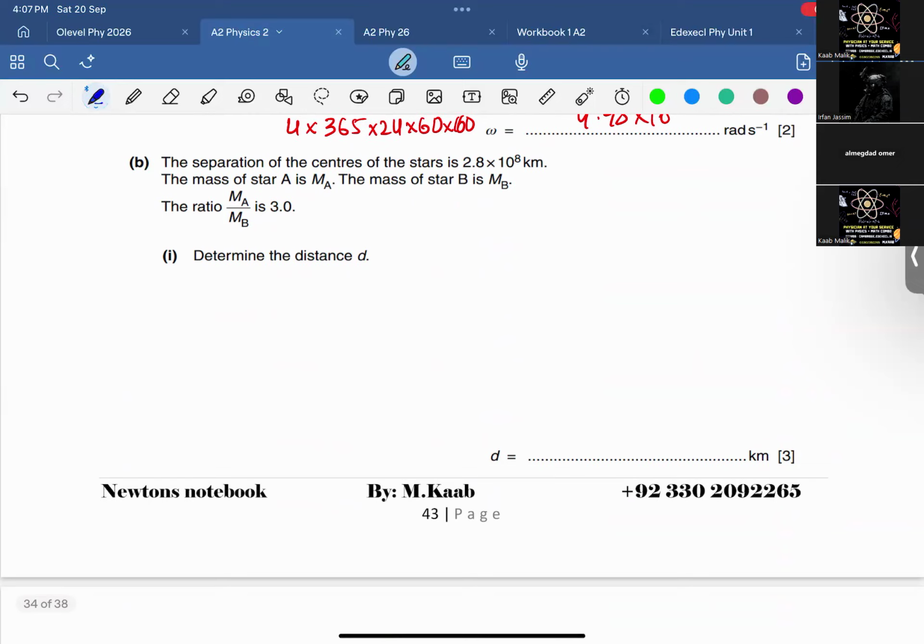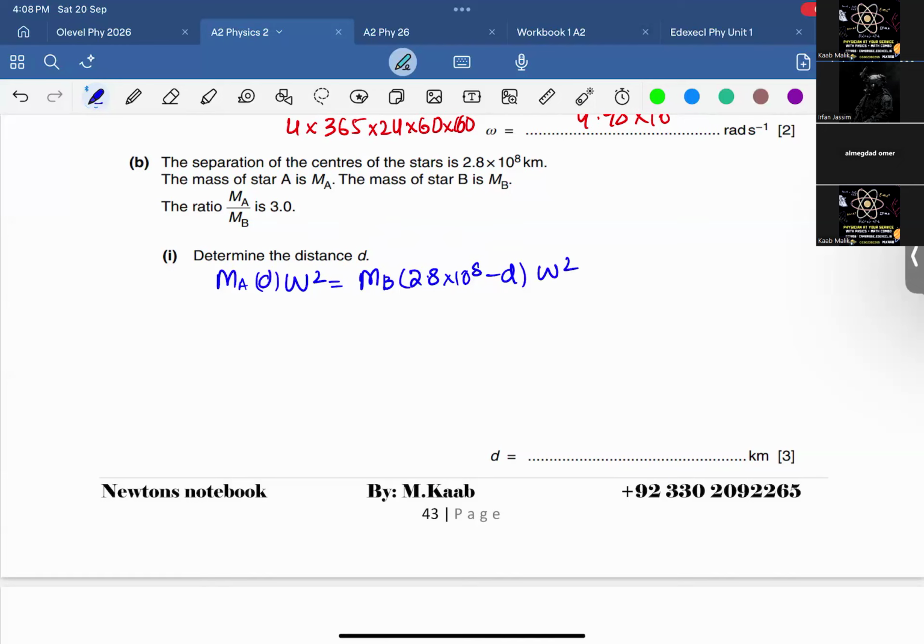So we can say that the centripetal force for both the stars is going to be the same. So m a, then x for its distance, and omega squared for the first one should be equal to m b, then the total distance, which is 2.8 exponent 8, minus d, and then omega squared.